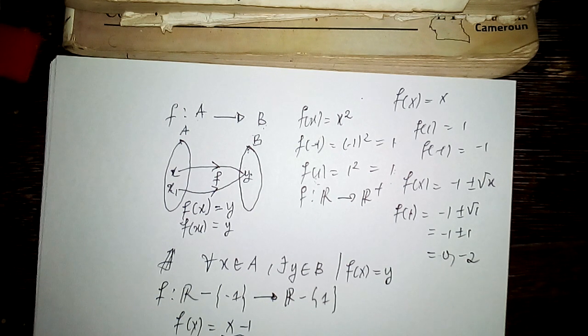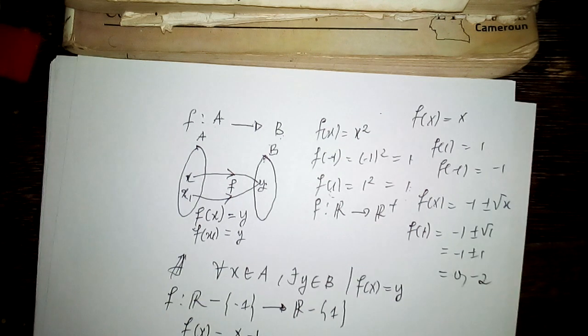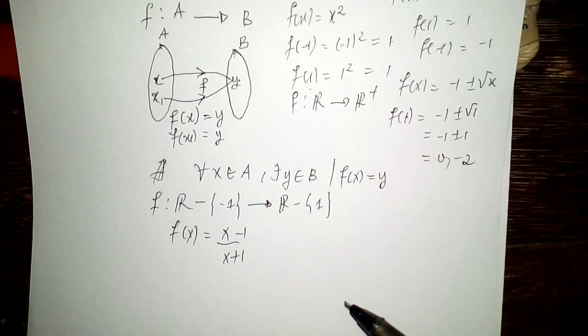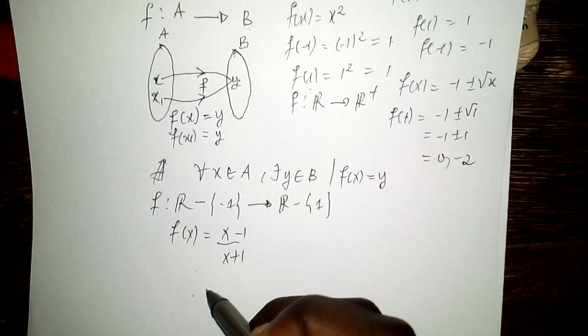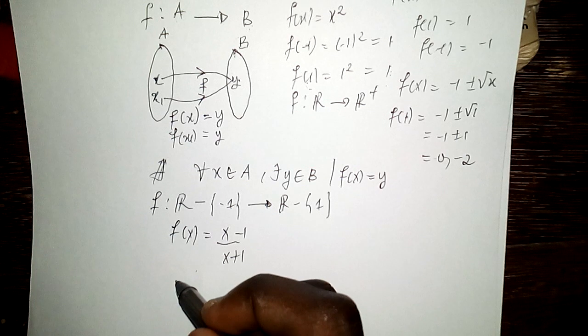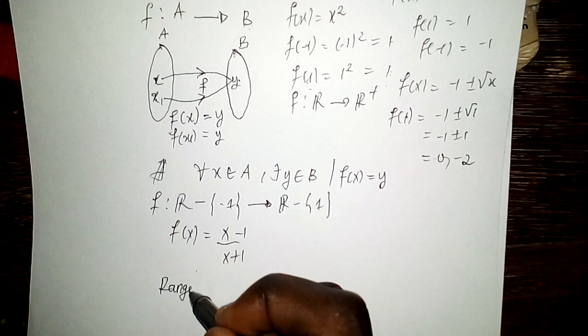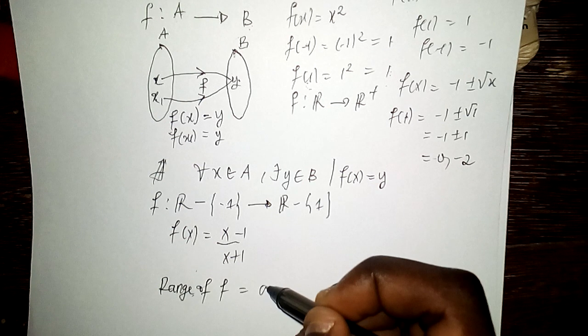All right, so let me just try to display to you guys what I'm doing. Okay, so for us to show that the function is surjective, what do we need to show? We need to show that the range of my function f is equal to the codomain.